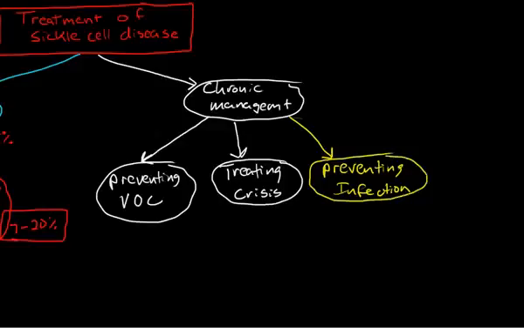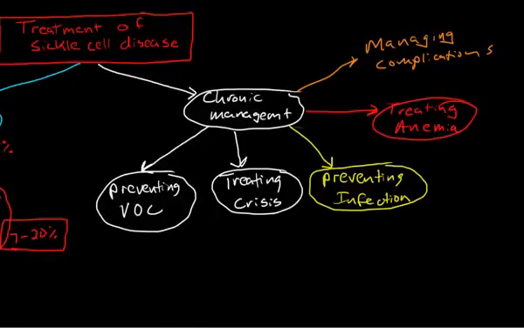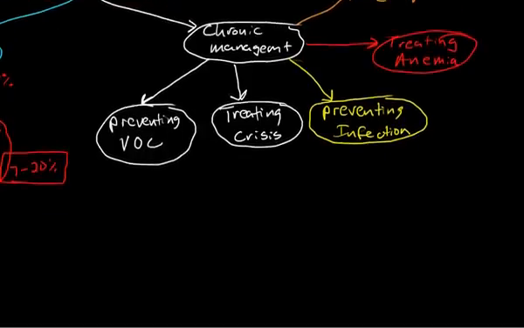Then we have treating anemia, because remember, the sickled red blood cells are much more likely to break down, and this can cause chronic anemia. And then we have managing chronic complications. These complications can include stroke, pulmonary hypertension, and others, and I'm going to talk about those in a separate video. I want to talk first about preventing vaso-occlusive crises.